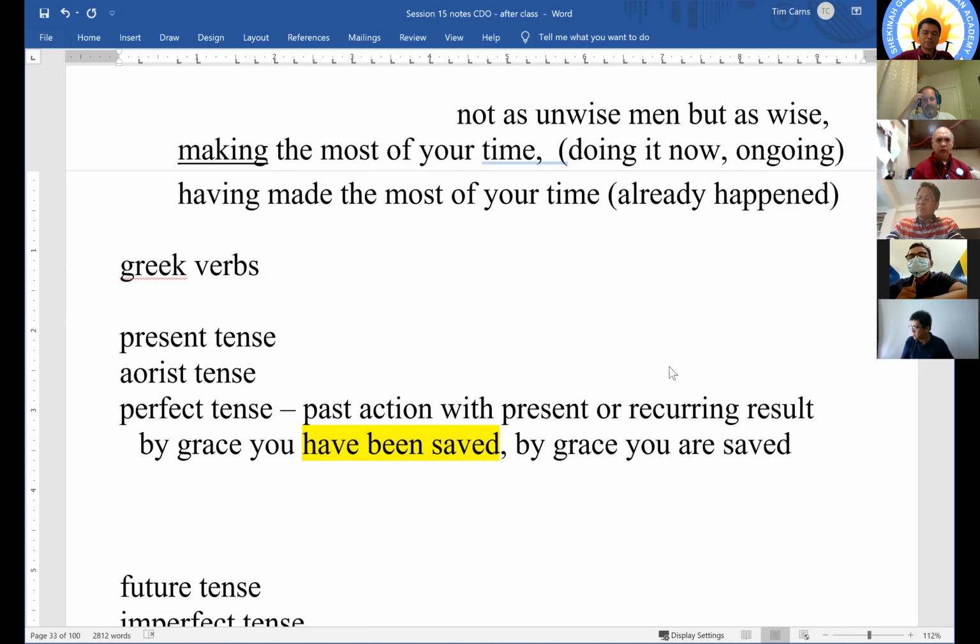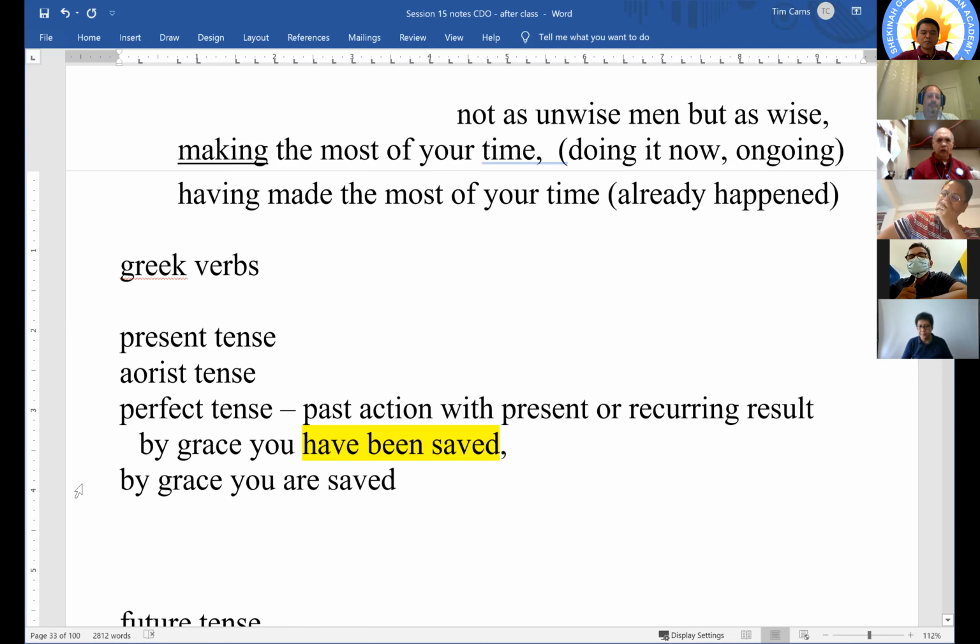Okay? That makes sense? So this is more Greek. In English, you have been saved would be a way to express that idea. It doesn't say by grace you are saved. That would be present tense. Or by grace you were saved.